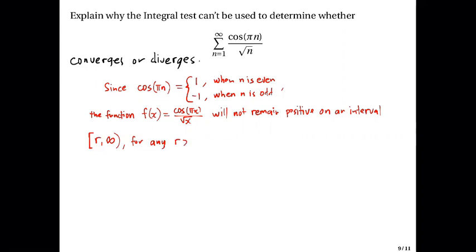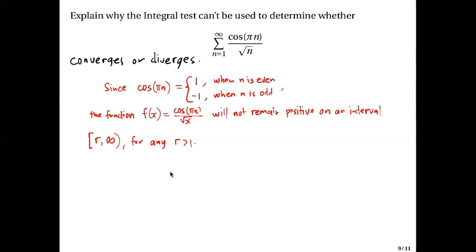Which means even if you cut the interval for your integral test, you will not get a positive function.